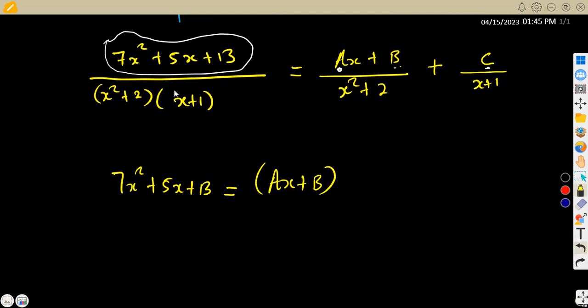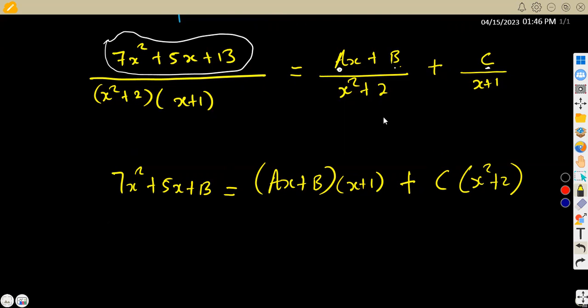If you divide your LCM by x squared plus 2, these two will cancel, which means we remain with x plus 1. We move on to the other fraction, which is plus c, our constant, into, if we divide x plus 1 and x plus 1, this will cancel, which means we remain with x squared plus 2. So this is what we have.